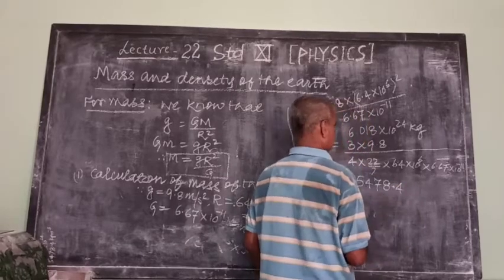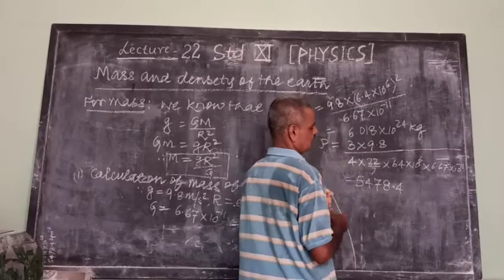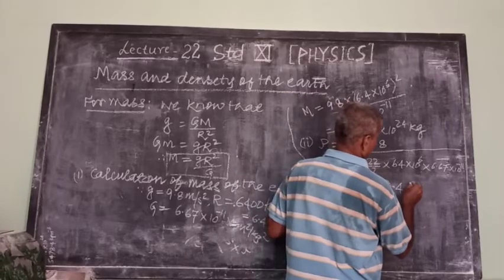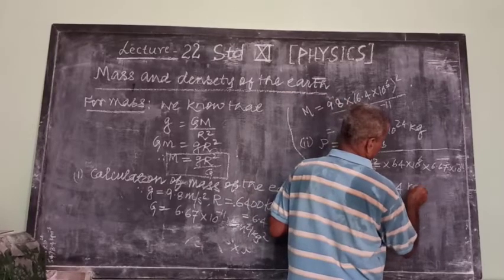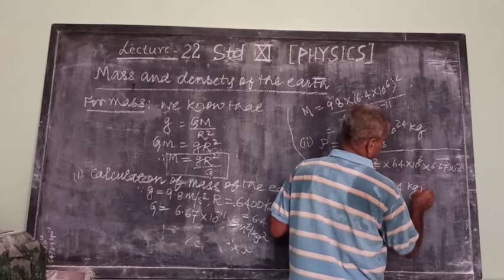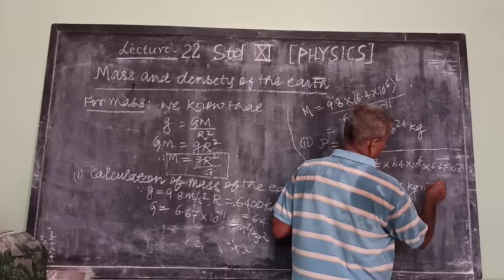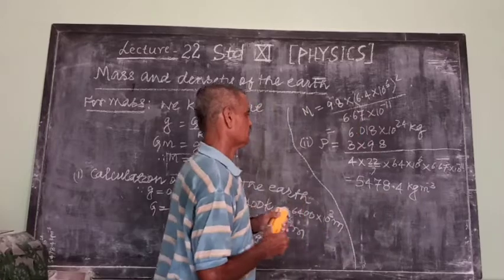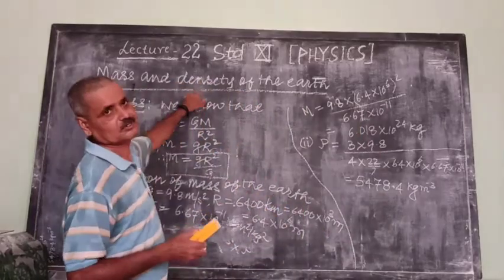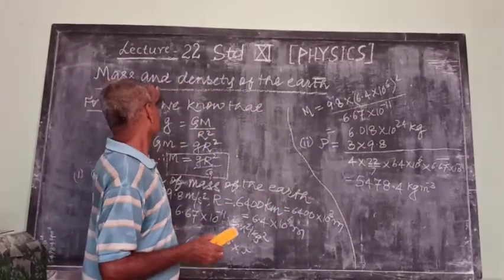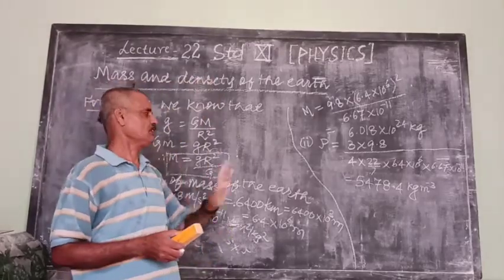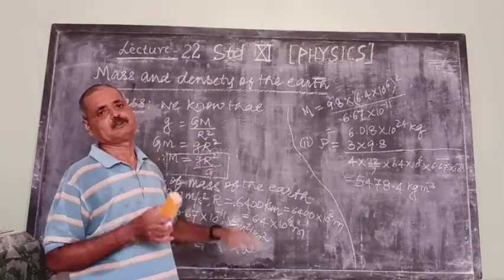And what should be the unit? Density, mass by volume, kg per cubic meter. So these two items, mass and density, have been calculated.